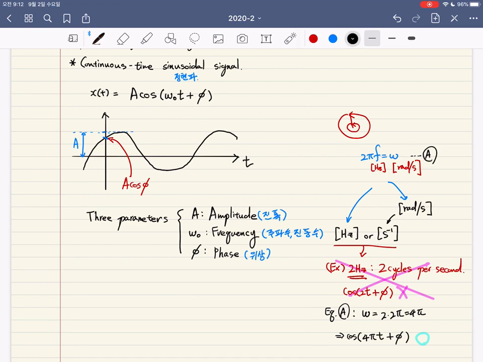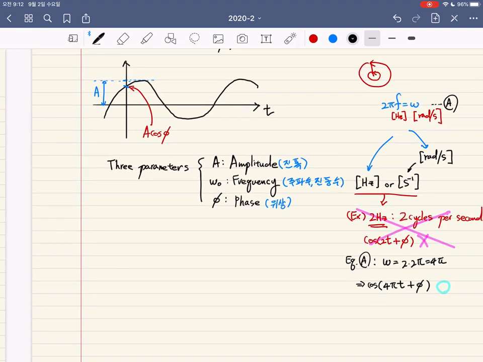And I would like to talk about some properties of the sinusoidal signal. The first one is about the periodic.